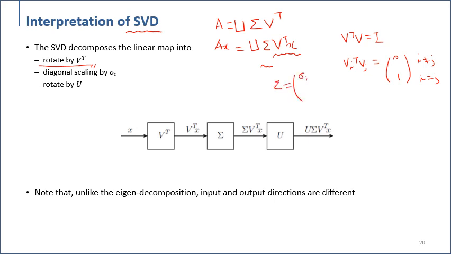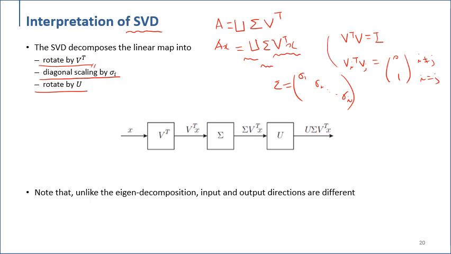Then we multiply by sigma, and sigma is just composed of our singular values. The diagonal components are just our singular values, so it can be understood as diagonal scaling by sigma 1. We just stretch or compress the size by sigma 1. And then we need to rotate by the U vectors.